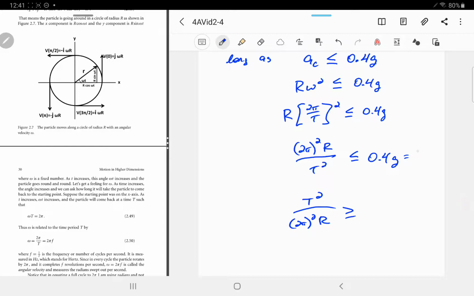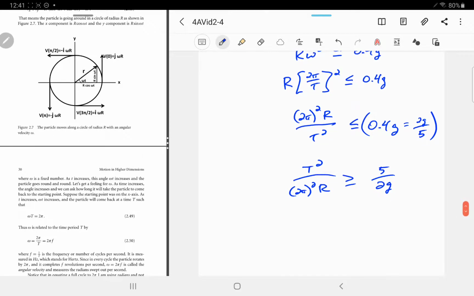But maybe just to help with writing this algebraically, I'm going to write this as 2g over 5 instead of 0.4. I'm going to call it 2/5. So I'm going to pretend it's exact and then do my rounding at the end of the problem. Okay, so we need to take the reciprocal of the right-hand side, which is 5 over 2g. So then we can multiply both sides by 2 pi squared r.